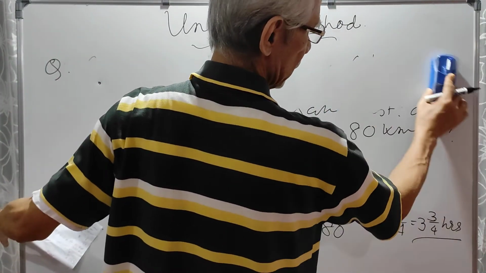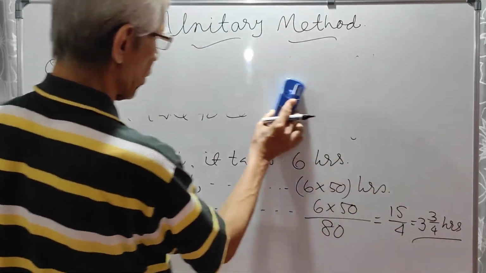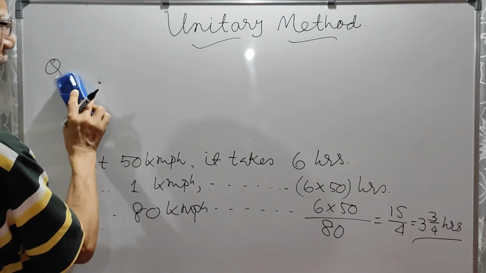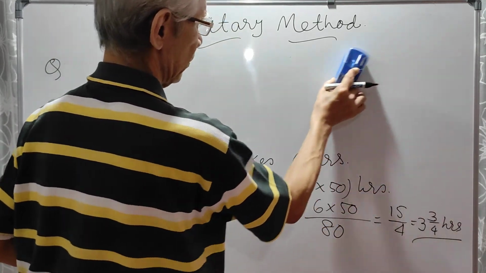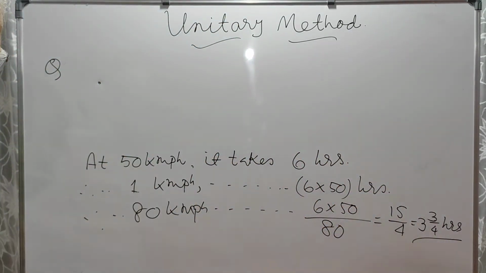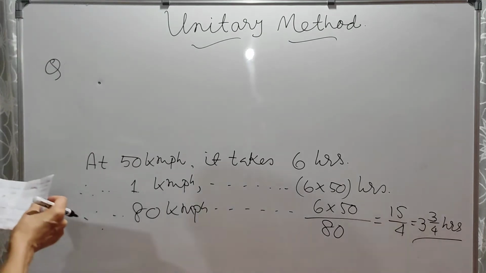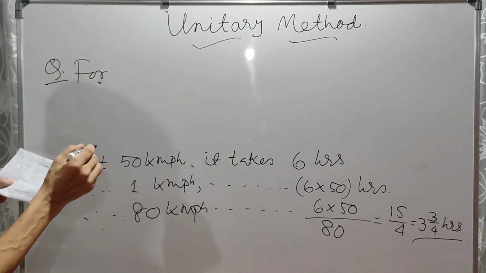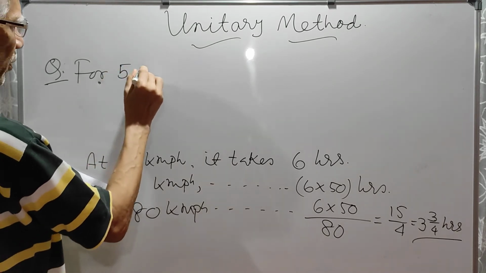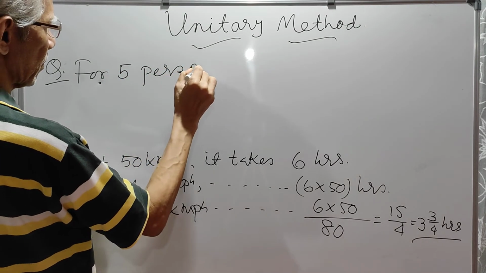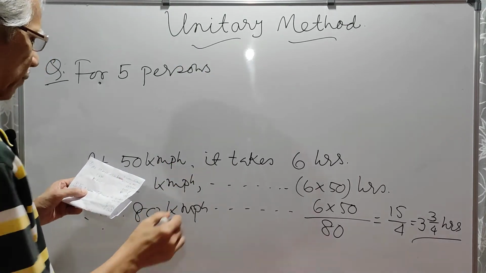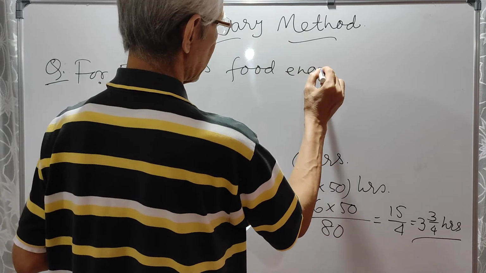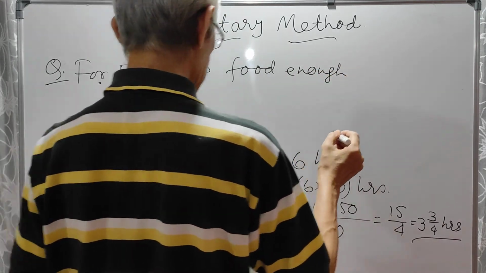Yes, now we'll discuss the food stock. Food available for some persons in a camp or at home, at a household. All right. Now this is a question. For five persons in a family, there is food enough for 30 days.